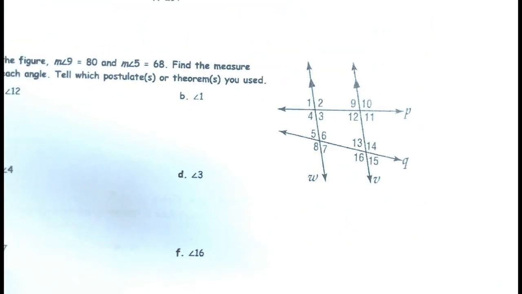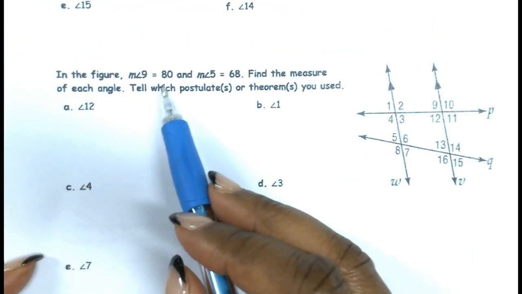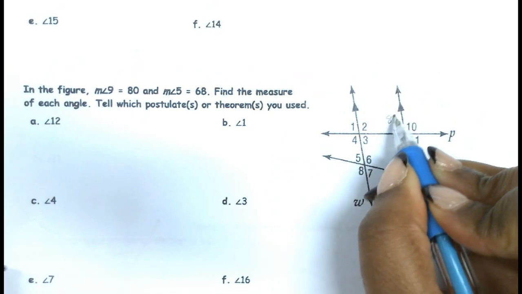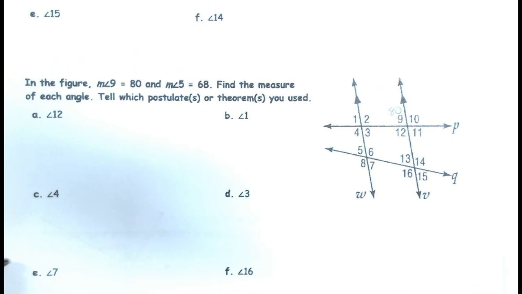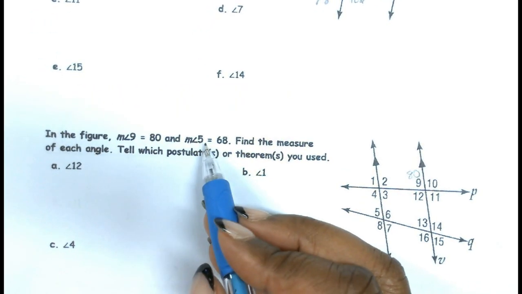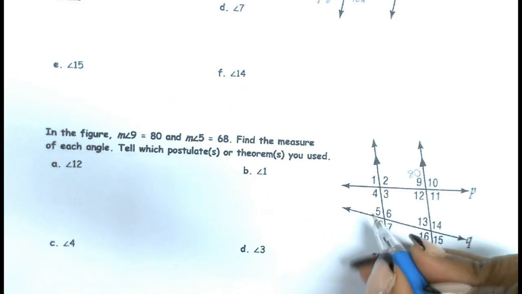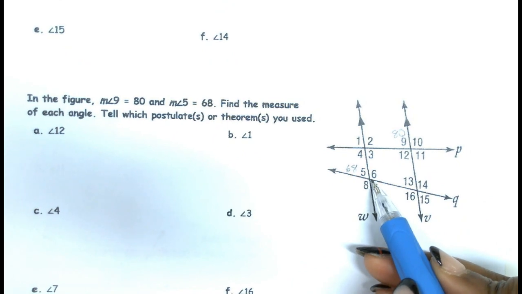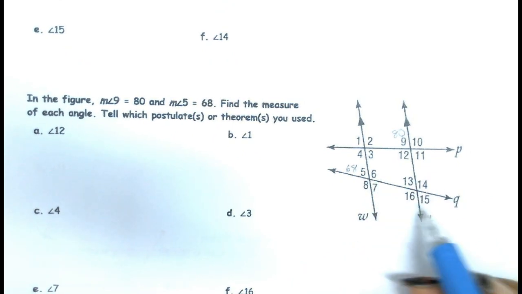At the bottom, the measurement of angle 9 is 80. So find 9 and put 80 here. The measurement of angle 5 is 68. Do you see how these angles here are only going to match up with these?